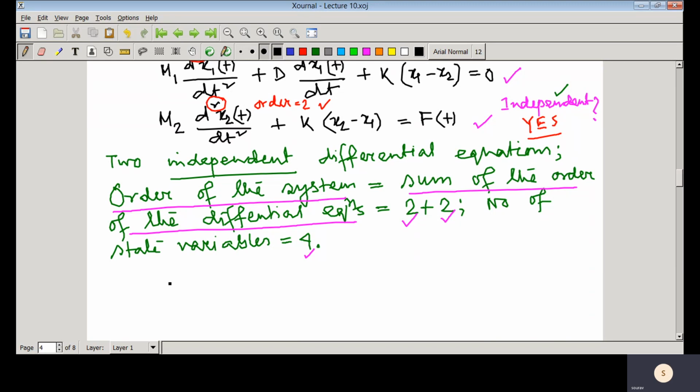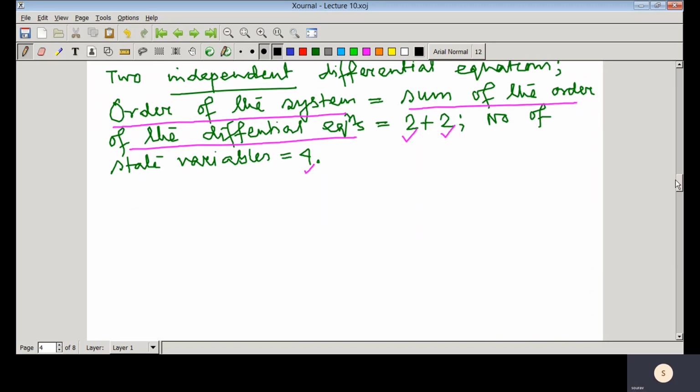So let v1, the velocity, be equal to dx1 by dt, and v2 equal to dx2 by dt. So take these two variables as state variables, v1 and v2.